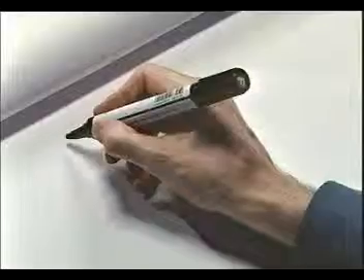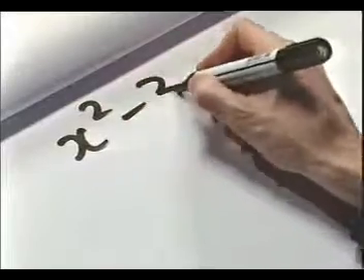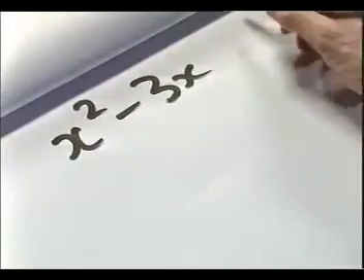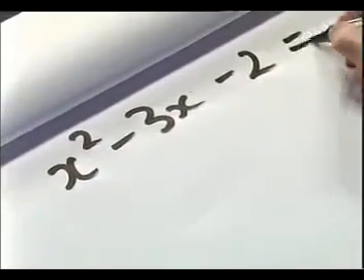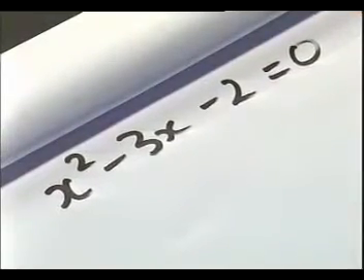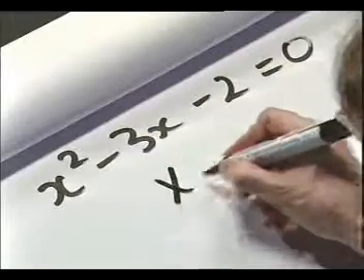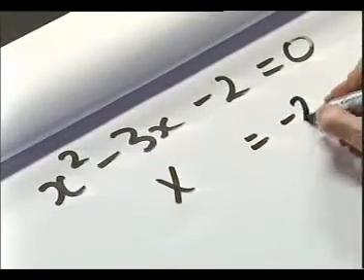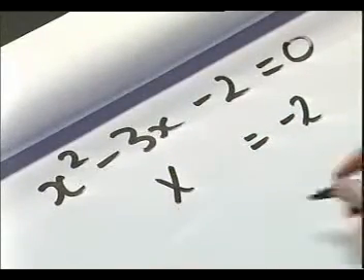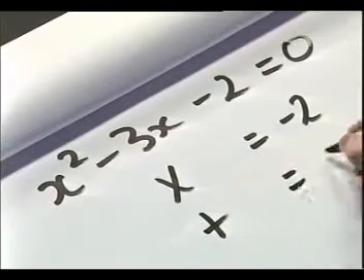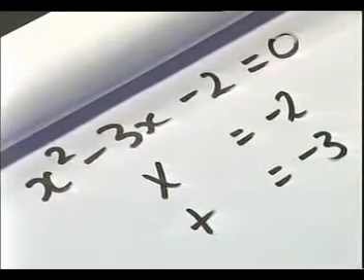Let's take one more example. x squared minus 3x minus 2 equals 0. We're looking for two numbers that will multiply together to give us minus 2, and will add together to give us minus 3.